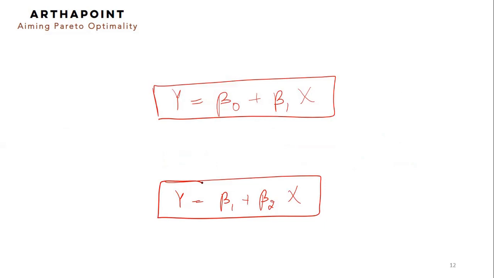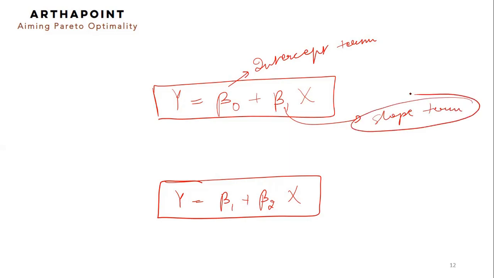Now, this would be my intercept term. This would be my slope term. I'll explain it in just a while. Don't worry, I'm just trying to give you some basics.